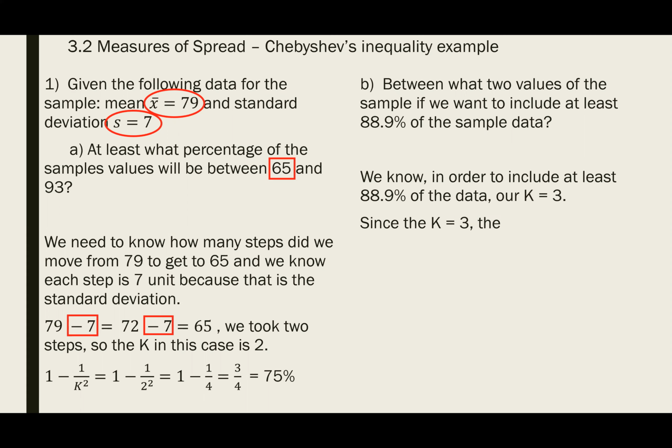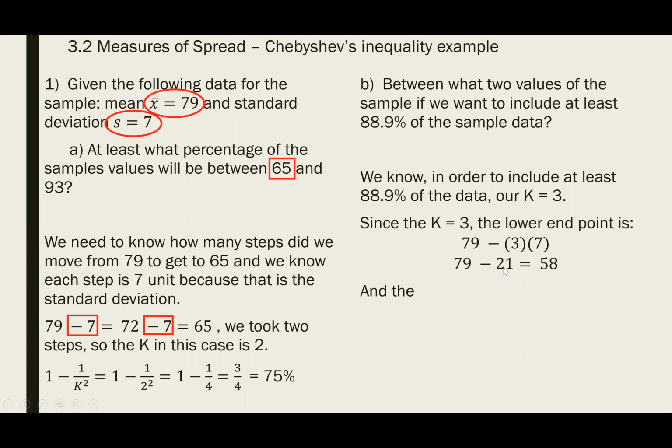We can say that the mean minus K times the standard deviation, where K is 3 and the standard deviation is 7. I can take the lower limit, which is the mean minus 3 times 7. I take 3 steps, right? 79 minus 7, 79 minus 7, 79 minus 7, 3 times, which, instead of doing that, I say 3 times 7 to give me 21.